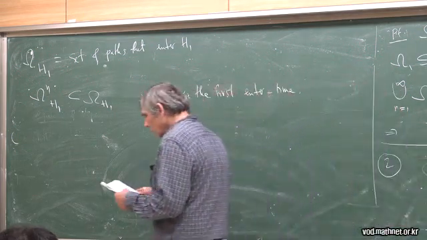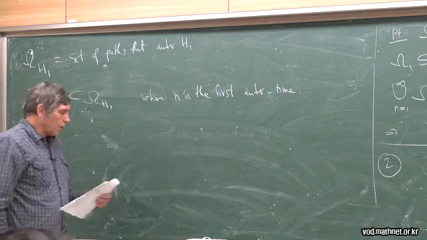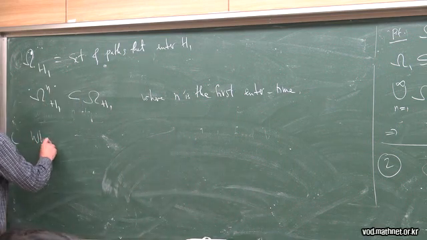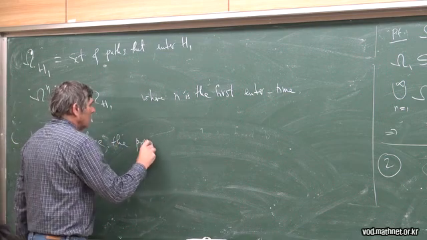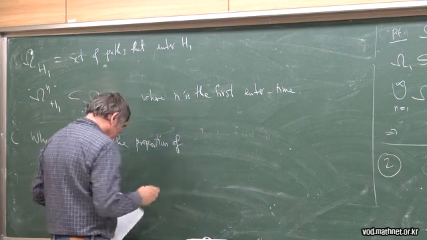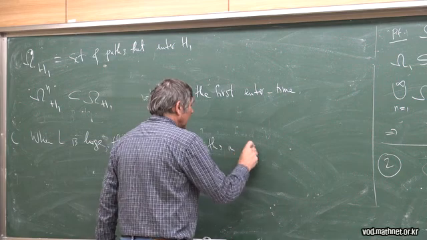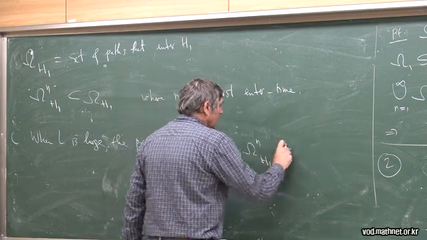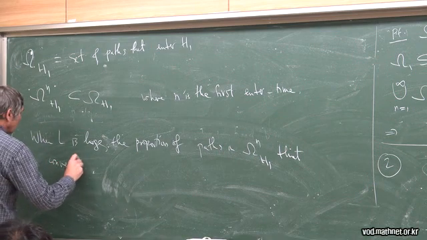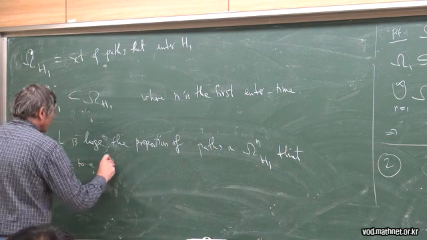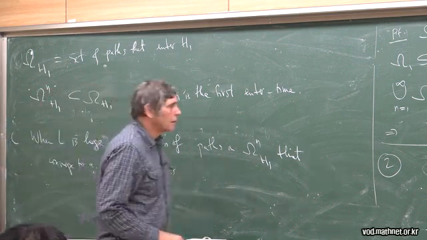Okay, so what is the proportion? When L is large, the proportion of paths in omega n h1 that converge to a point in h0 bar is, okay, so you tell me.